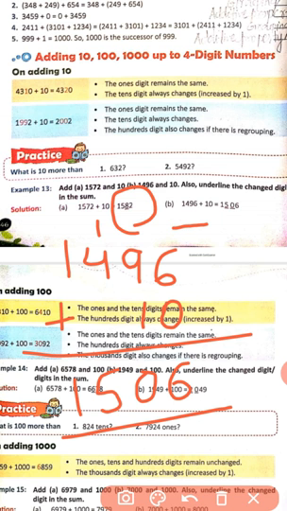So now we have 1506. Here also the ones digit remains the same and the tens place digit changes and the hundreds place digit also changes. So we have to underline the tens and hundreds place digits.